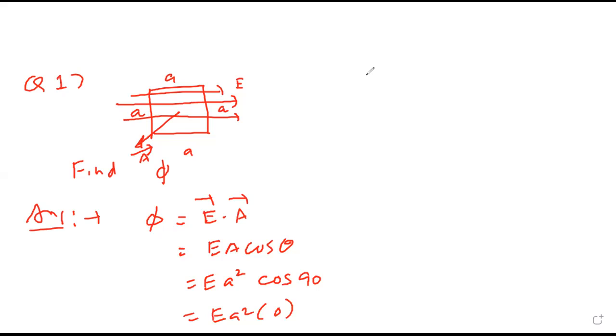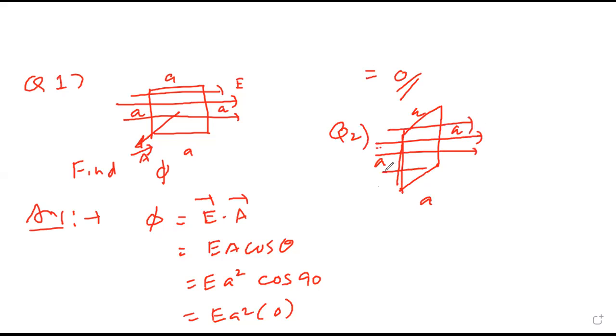So cos 90 is 0, so flux will be 0. Clear? First case? First one over.